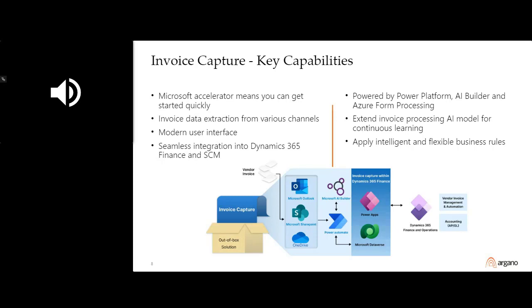Since it's powered by the Power Platform, as I mentioned, the specific capabilities are AI Builder and Azure Form Processing to leverage the optical character recognition service. That's the OCR piece that's going to scan the data, identify the text, and specify where that text should land in the system. You can also extend the out-of-the-box model that does the scanning, or replace it with your own custom AI model.